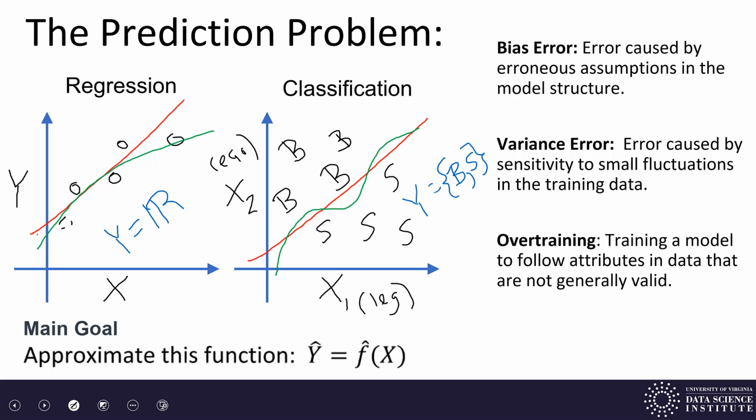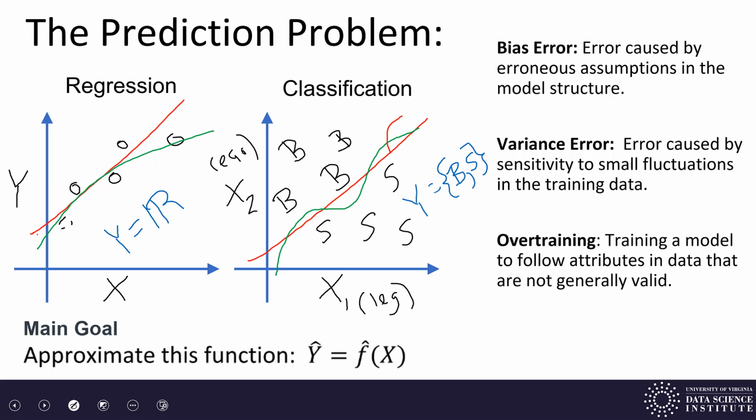So one of the types of errors that can come into play are called bias errors, and these are errors that are caused by erroneous assumptions in the model structure. So the red curves that we've drawn here, they're drawn with the assumption that the relationship is linear, meaning on the left-hand side it's a linear function between the inputs and outputs, and on the right-hand side we can separate the Bassets from the Shepherds with a linear separation line.